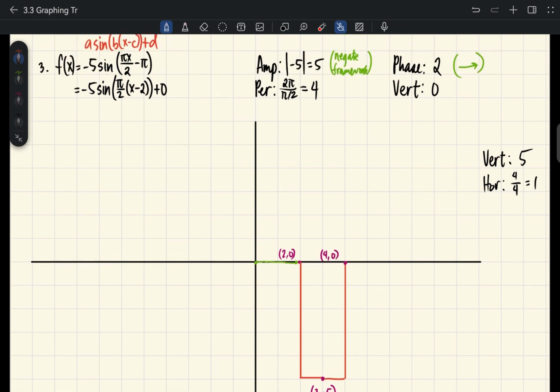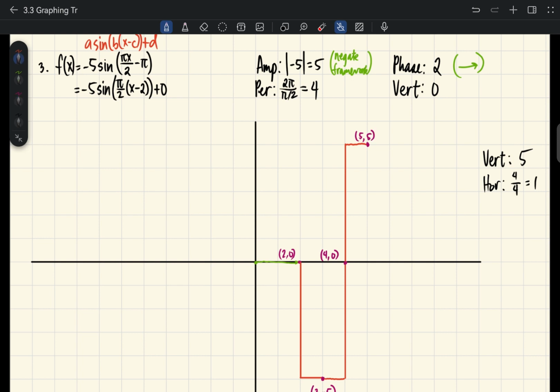Then after that, we move 5 units up, 1, 2, 3, 4, 5, and 1 unit to the right. So at this point right here, we add 1 to the x-coordinate, so now we have 5. And we add 5 to the y-coordinate, we have 5 right here.